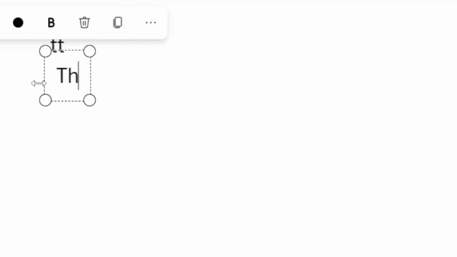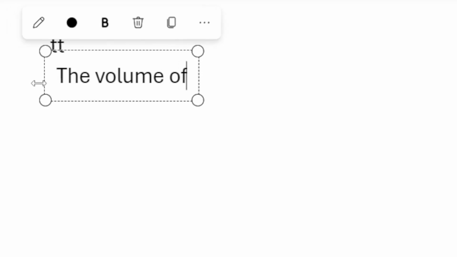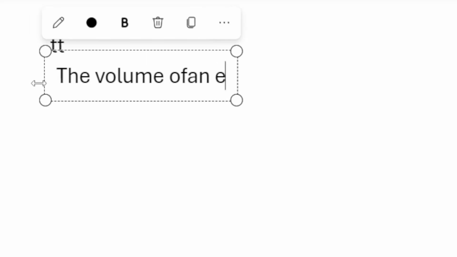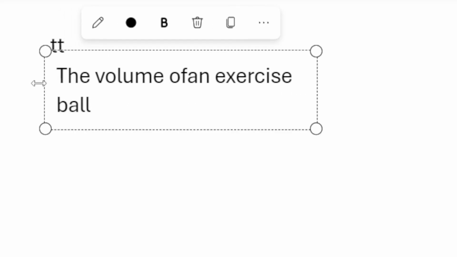Okay, so the question is: the volume of an exercise ball is 4188.8 centimeter cubed.